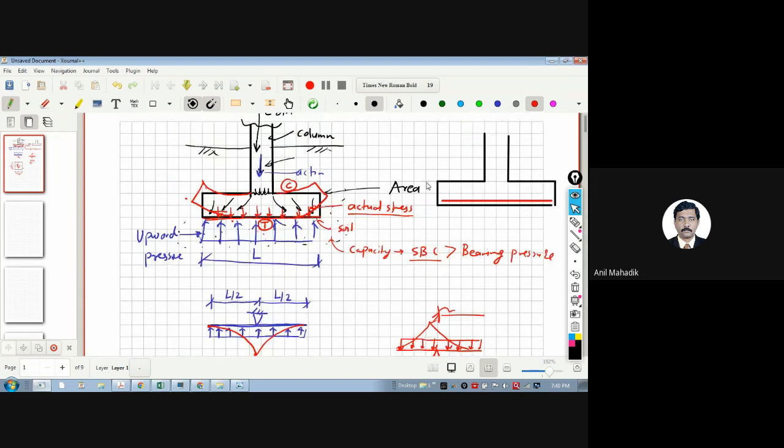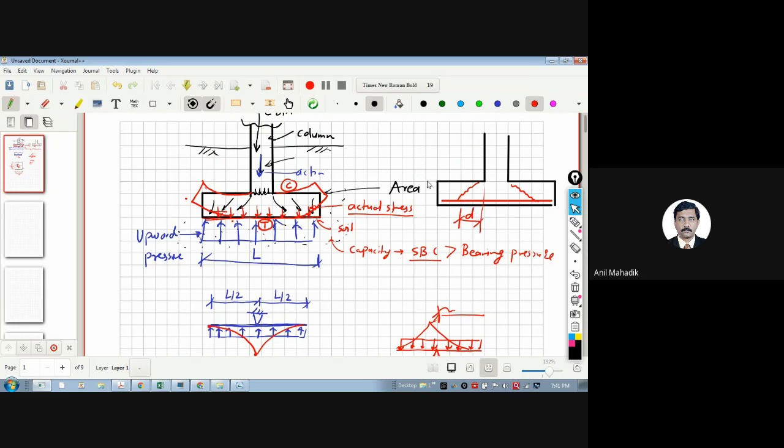Shear means, as all of you know, we generally see shear cracks like this, diagonal cracks, isn't it? These are the shear cracks developed due to the bending. Correct. So it may crack like this. Generally this crack happens at a distance d.